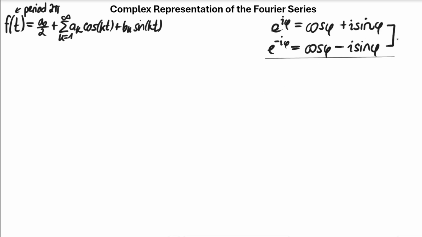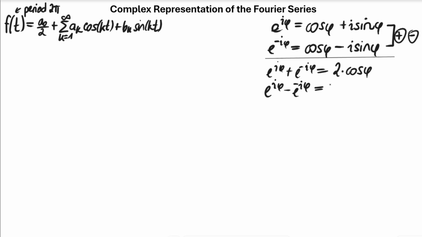So we simply add these two equations. On the left side, on the right side, we get 2 times cosine of phi. The sine vanishes. And we also subtract, and if you subtract it, you get minus minus is a plus, so 2i sine phi.